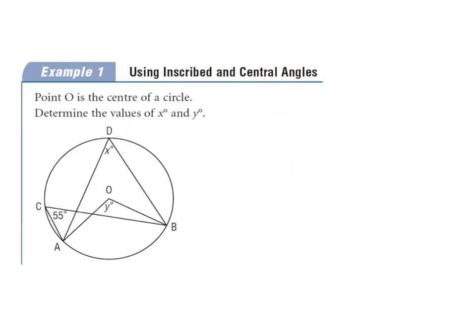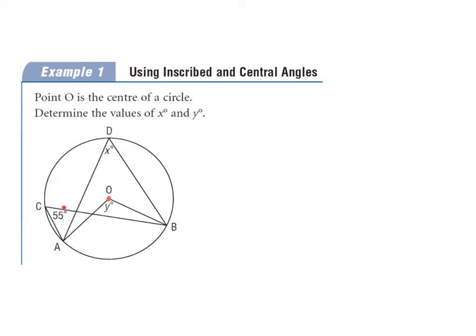All right, let's look at an example. Point O is the center of a circle. We should be pretty used to that by now. So there's the center. Maybe I'll just put a red dot there so I can keep track. Determine the values of x degrees and y degrees. So there are 2 missing angles. There's angle y, there's angle x. I'm trying to find the values of them.